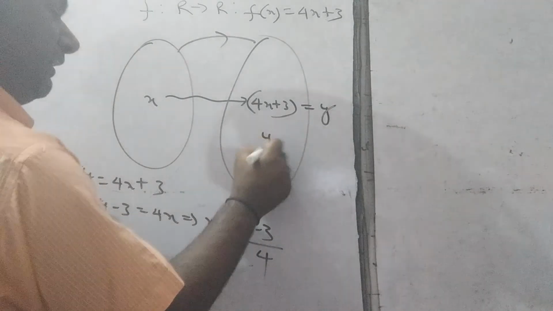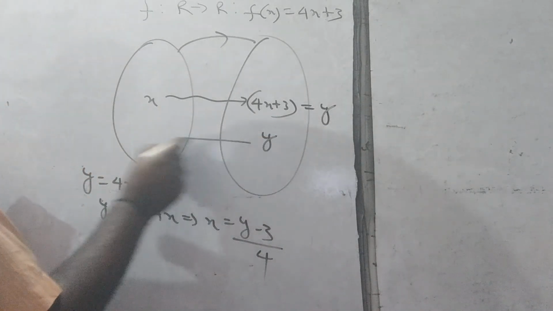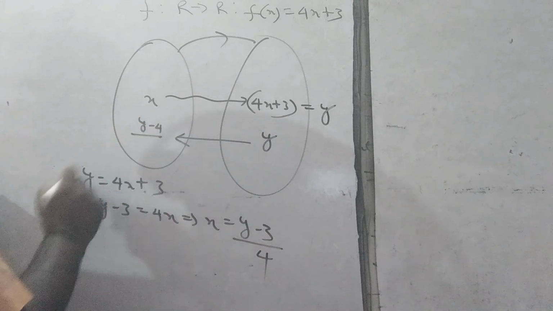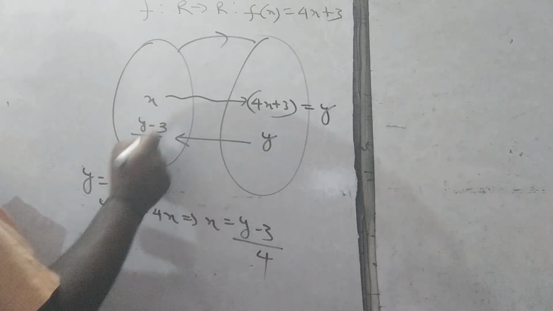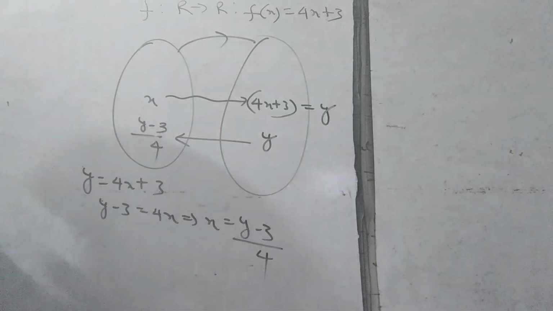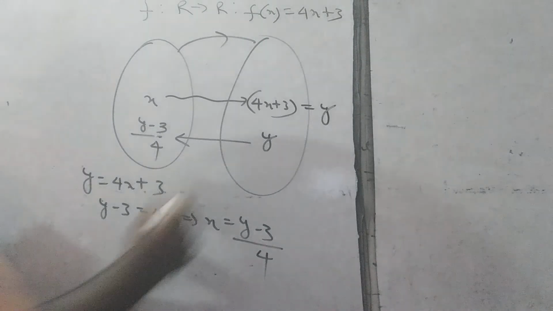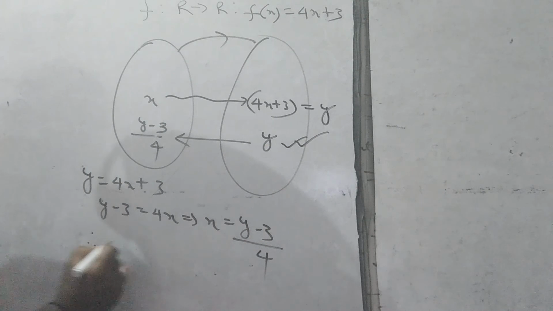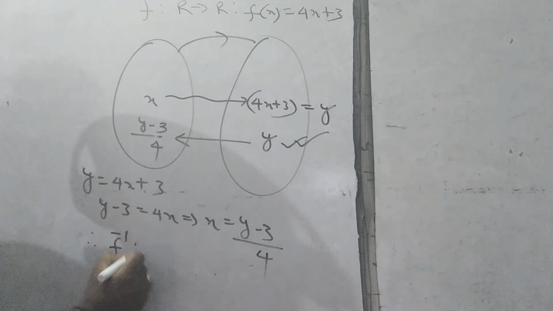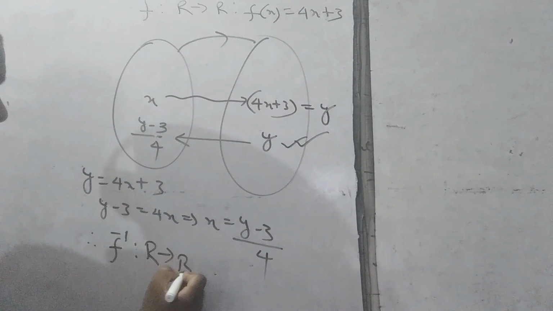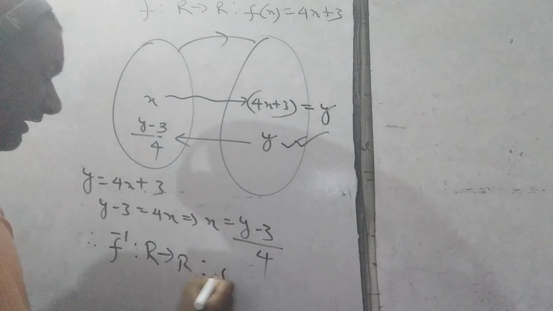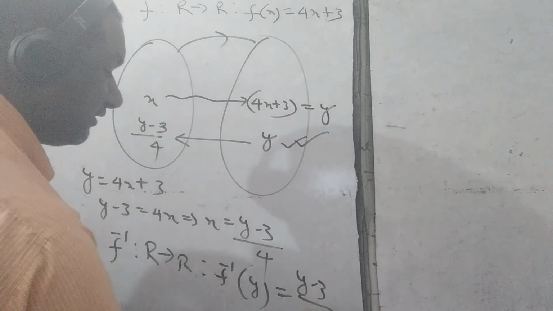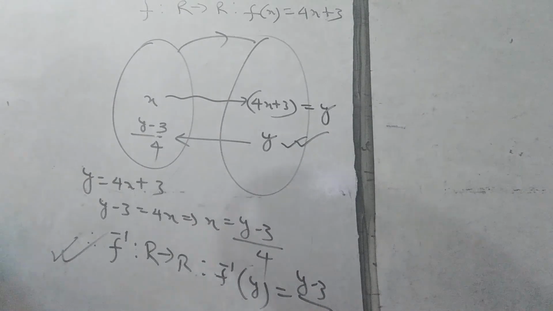Now if y is here, what is the pre-image of it? Then their pre-image is (y minus 3) by 4. So in this way, this one is the f inverse. We can write therefore f inverse from R to R, such that f inverse of y is equal to (y minus 3) by 4. This is the f inverse of the given function.